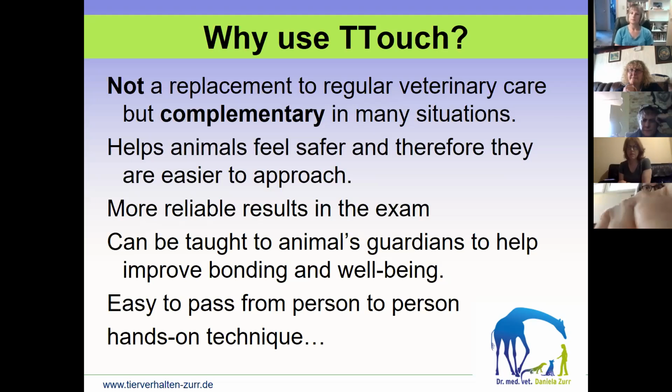There, a great aspect about TTouch is that if you learn, let's say, that an animal likes abalone touch, it's really easy to pass this information from person to person if everybody knows TTouch. Because if you say, this dog today really enjoyed abalone TTouches, pressure 2, 2 seconds, let's say, on the chest, then it's a short sentence and you have information for the next person what he or she can do with this dog too.